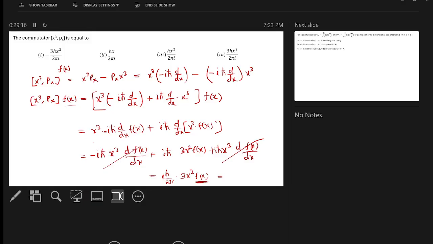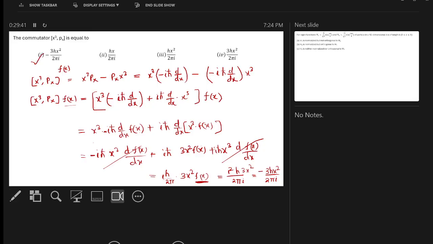We have i in the denominator, so we multiply i up and down, giving i square h 3 x square by 2 pi, so we get minus 3 h x square by 2 pi i. So the first one is your correct option.